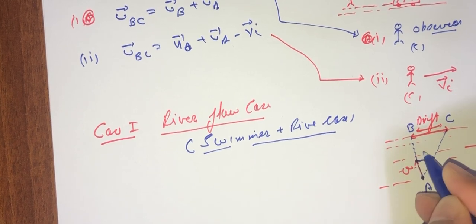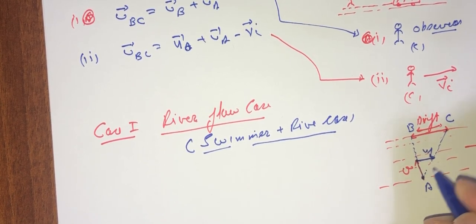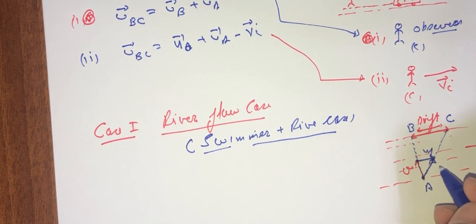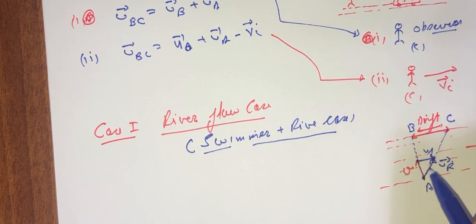This will be our VF and this will be the velocity of the swimmer. Let us call this VR. So VR will be the velocity of the swimmer because of the drift that is produced because of the river.